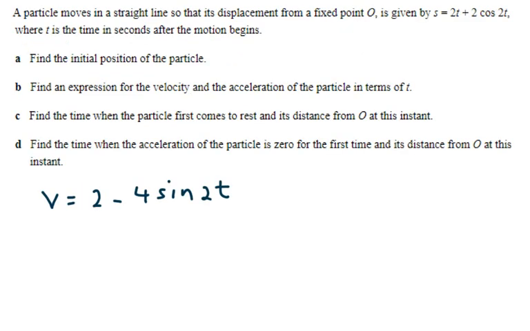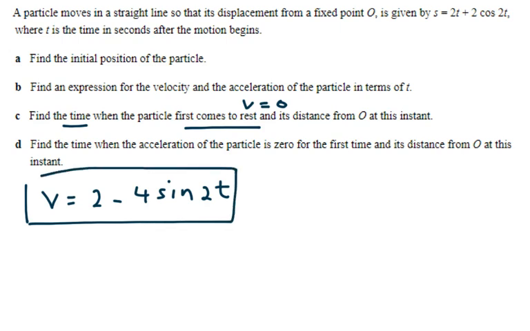For part C, you have to find the time when the particle comes to rest. Rest here refers to when velocity is equivalent to 0. We have this expression for velocity from part B, so now we let 2 minus 4 sine of 2t equal 0.